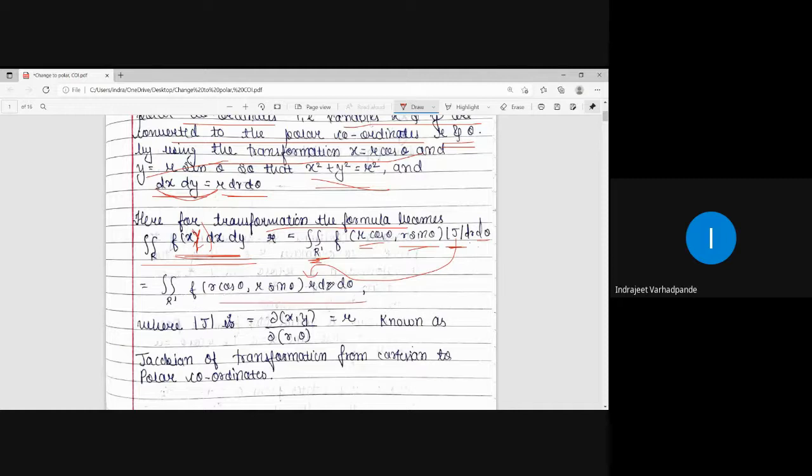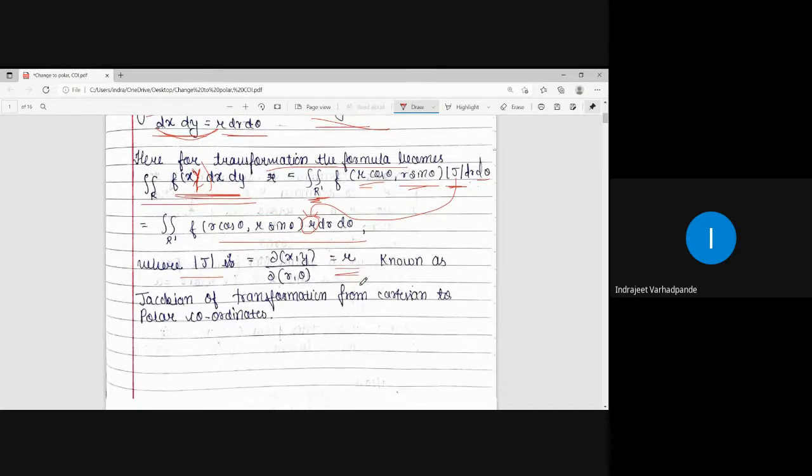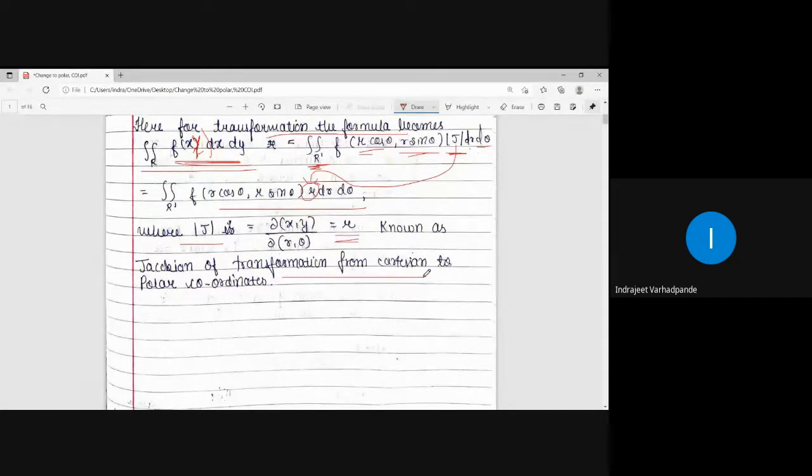Here the determinant J is nothing but r, where determinant J is the Jacobian of x y with respect to r and theta, whose value comes out to be r, known as the Jacobian of transformation from Cartesian to polar coordinates. So x and y are not directly converted to r and theta; it is with respect to the Jacobian of transformation, and the value of that Jacobian is r.